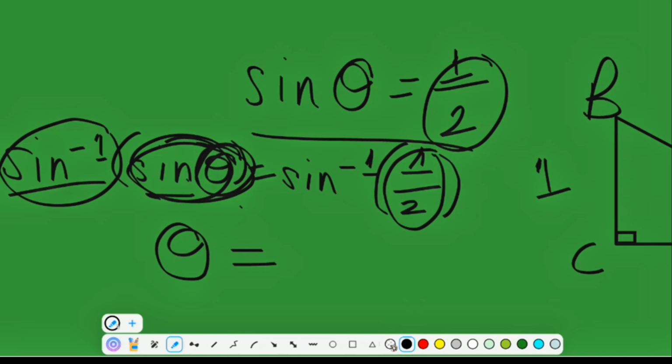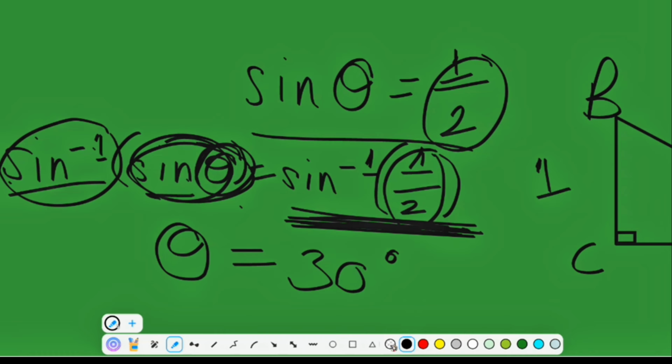So since when we do sine arc into sine gives us an angle which is theta, then this right here has to give us an angle too. If when we do sine arc into sine gives us theta, when we do sine arc into a ratio, it has to give us an angle. And the angle that we're getting right here is supposed to be 30 degrees.